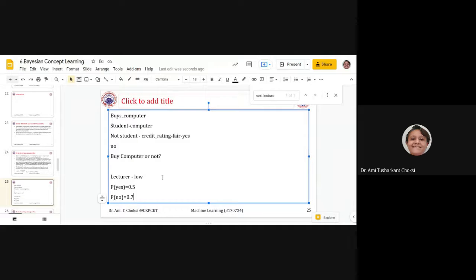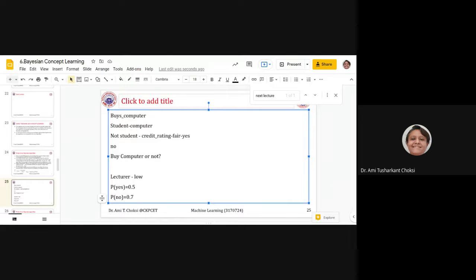So for that, we can say that the lecturer will not buy a computer. Only lecturer? No, not only from the profession, but his credit rating is also low. So whatever characteristics or parameters are given, for all of them we will find the probability, multiply them, and then we will be able to find the probability of yes as what, no as what, because we have two classes, that is, whether the person will buy a computer or not, right?